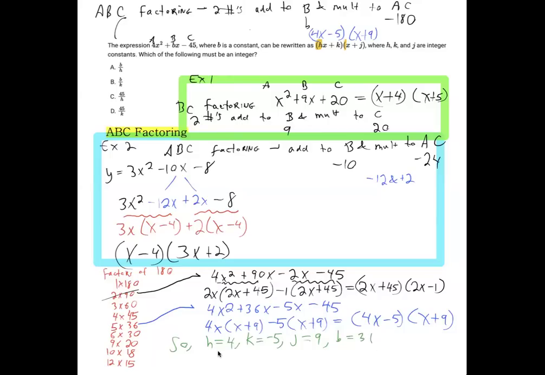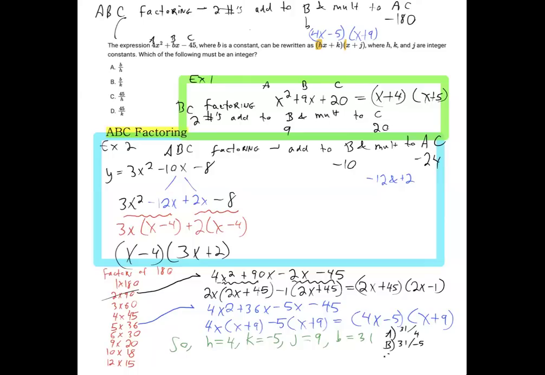So now we're trying the different answers. Answer choice A would have given us b over h, which is 31 over 4. So not an integer. We're looking for it to be an integer. Answer choice B is going to give us b over k. So 31 over k, which is -5.